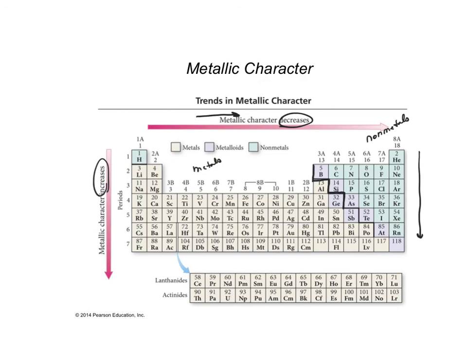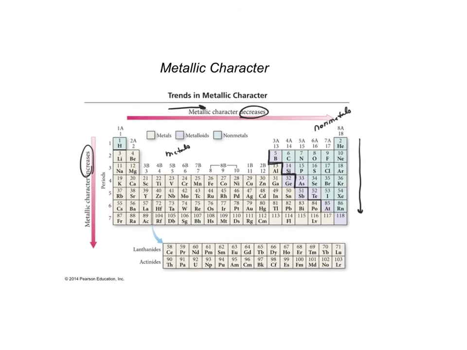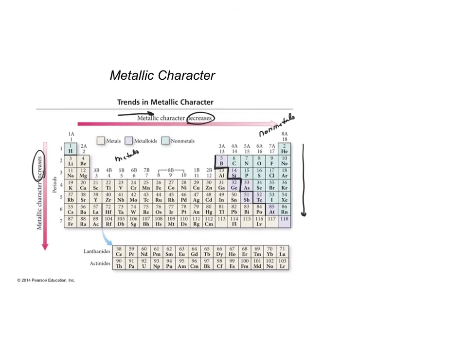And that is it for chapter 7, right? So the big takeaways: I would really focus on radius, and on effective nuclear charge, and explaining radius with respect to effective nuclear charge. I would focus on forming cations and anions and their trends with respect to radius.